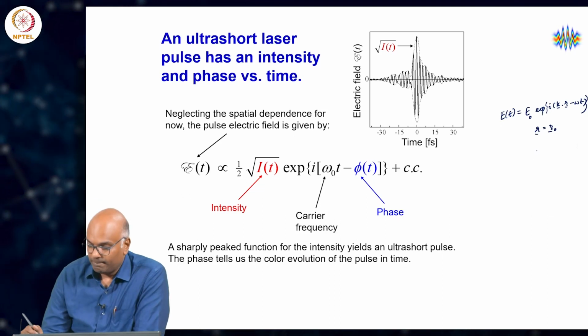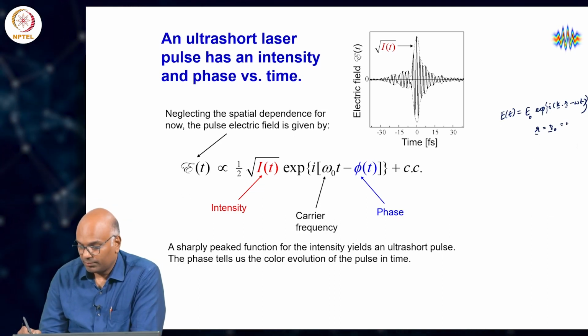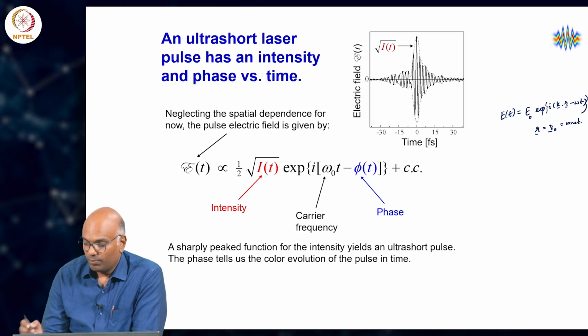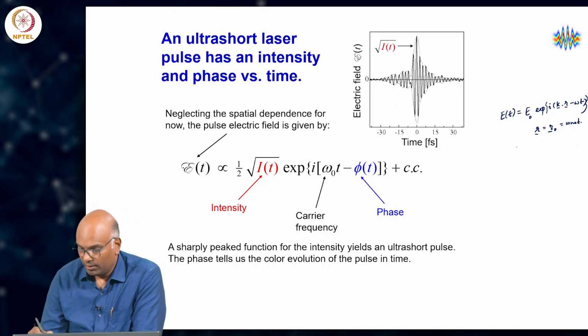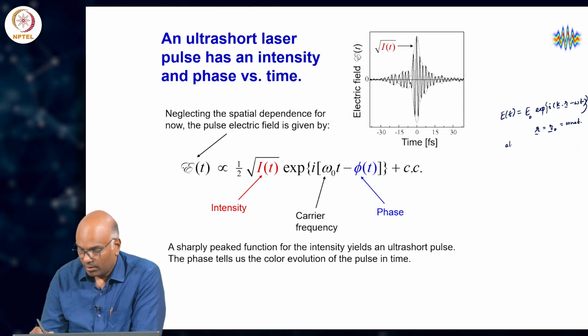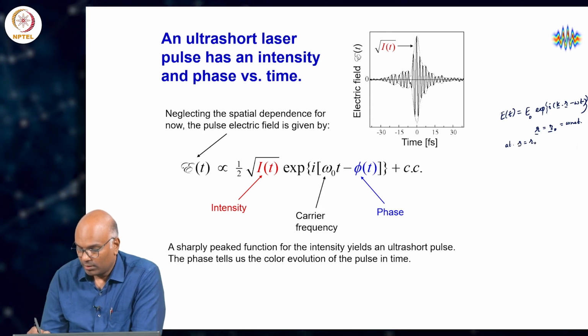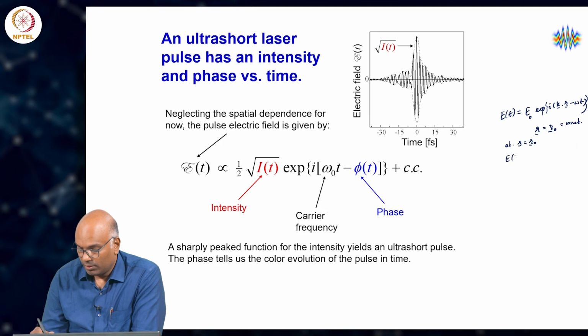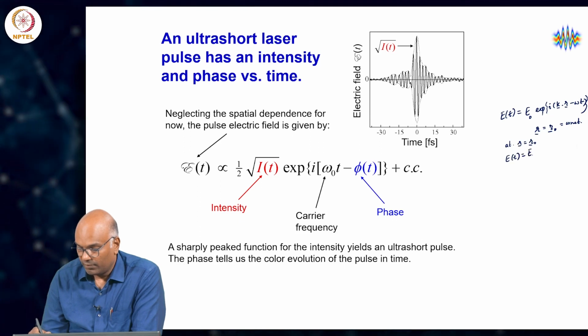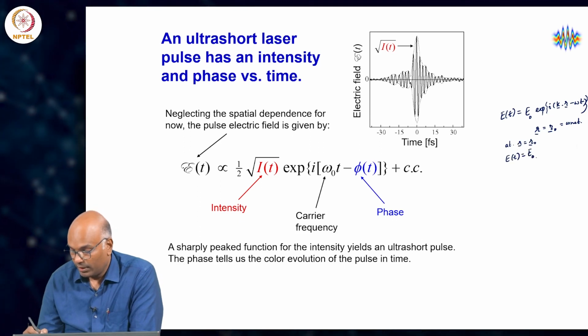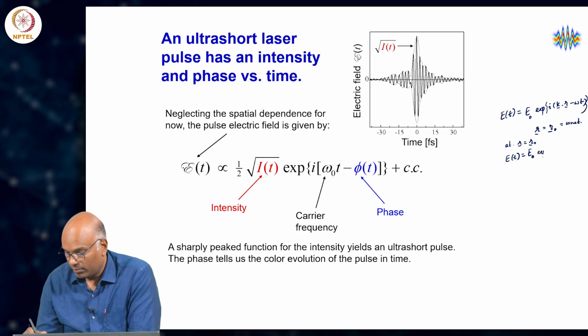So then if I fix this to be one constant value, at r equal to r naught, I essentially have, I'm writing again, a scalar wave.